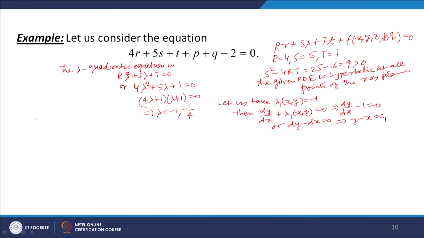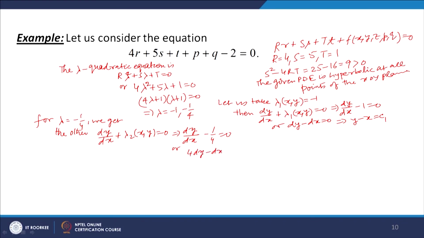Now, for lambda equal to minus 1 by 4, we get the other characteristic equation as dy by dx plus lambda 2 x y equal to 0, which gives you dy by dx plus minus 1 by 4 equal to 0, or 4 dy minus dx equal to 0.